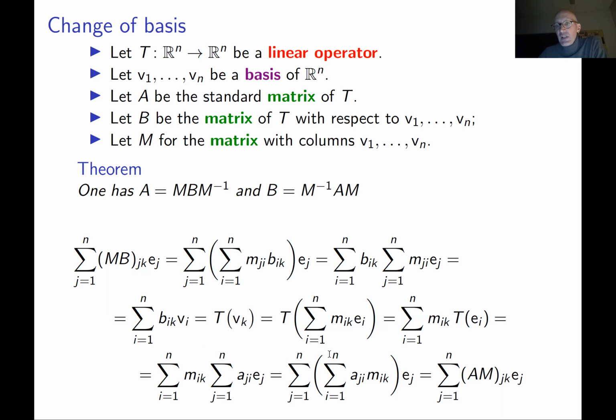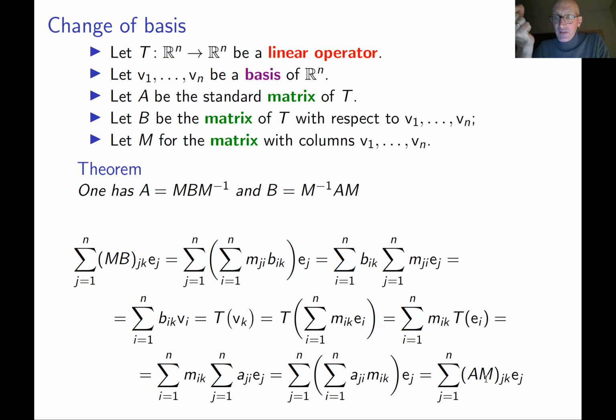And then you again apply the change of summation trick. You change your summations, you get this, and eventually you get this. Then you see, okay, look. On the left-hand side, you have some vector, and on the right-hand side, you have some vector. These numbers are the jk entry of the matrix MB and the jk entry of the matrix AM.